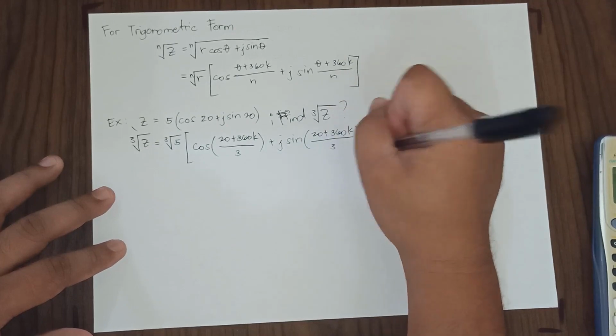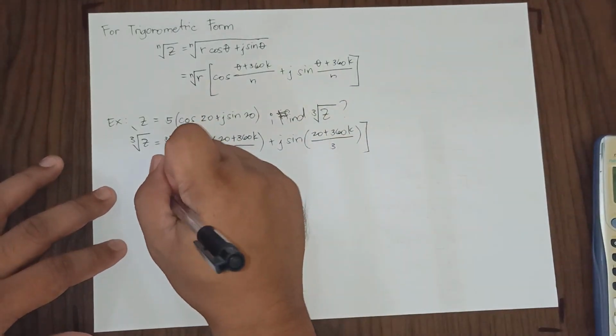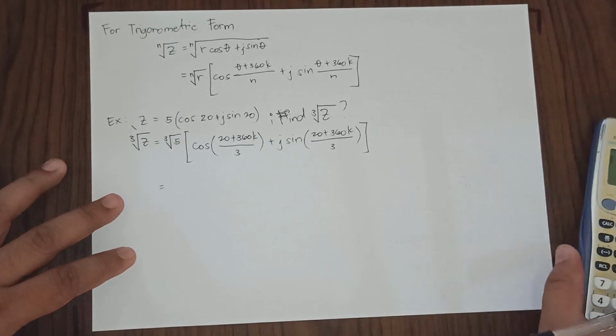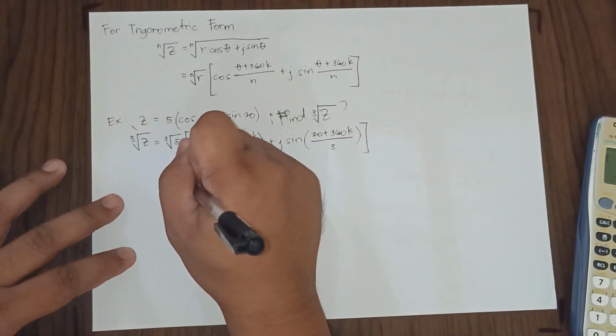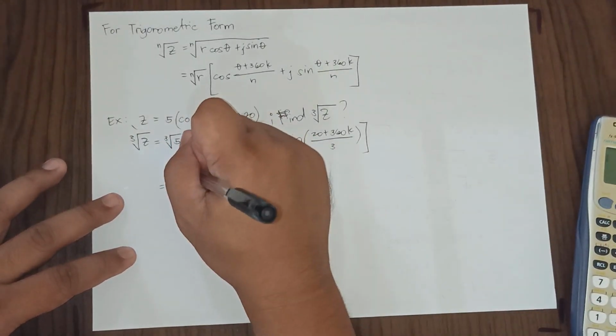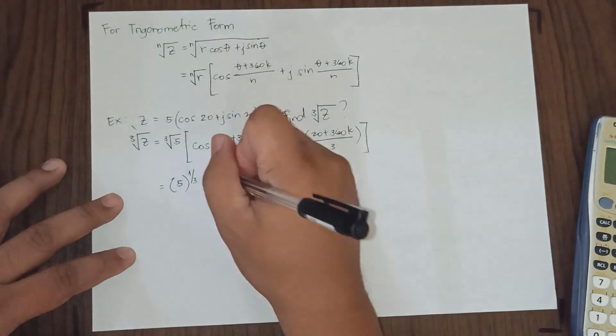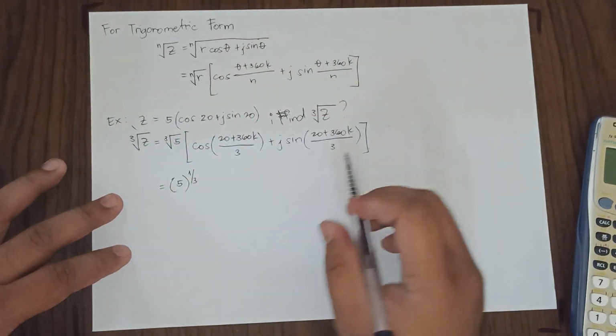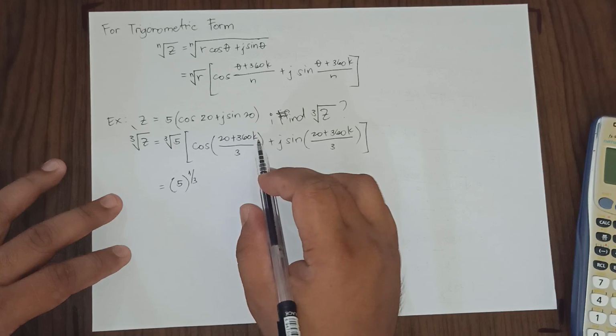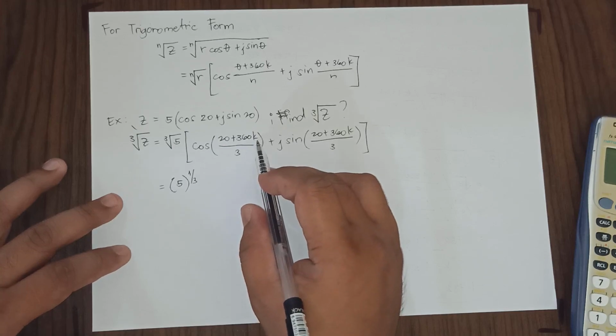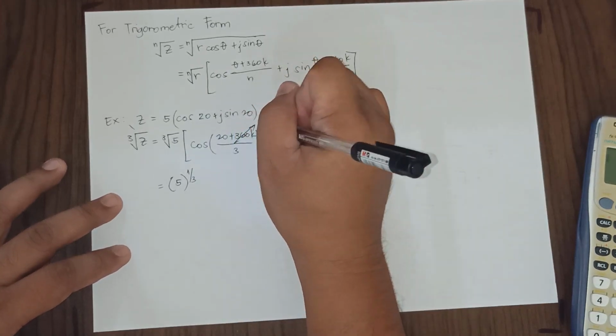Okay, that is equal to, pwede natin sabihin na ito ay 5 raised to 1/3. Then express natin yan. Since wala akong binigay na value ng k, so of course yan ay 0 na.